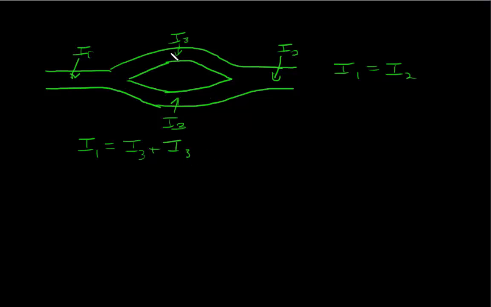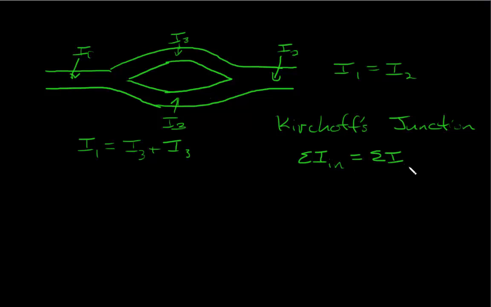So it can split, but it all adds up, okay? Now this is called Kirchhoff's junction rule. Basically it says that the total current coming into a junction is equal to the total current going out.